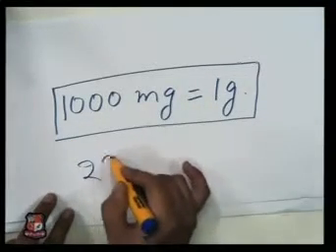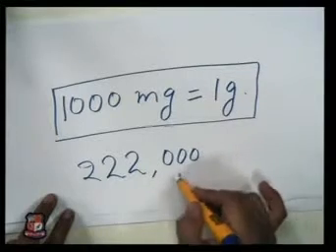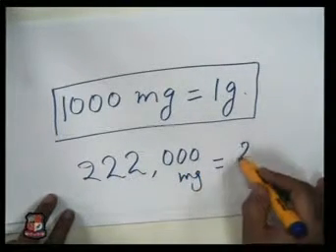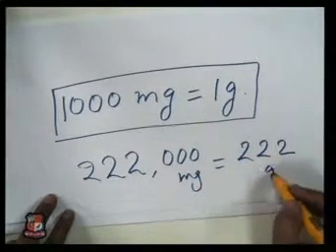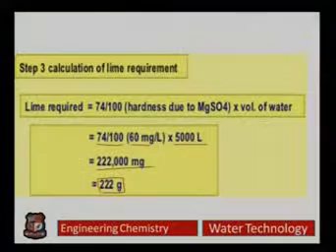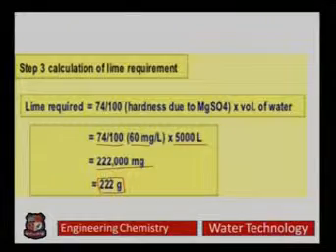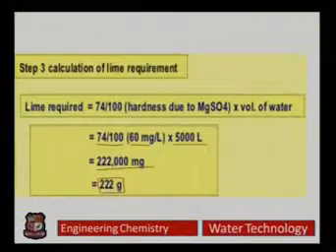So this much milligram will be equal to 222 gram. So this is our answer. 222 gram of lime is required to soften 5000 liter of water containing 72 milligram per liter of magnesium sulfate.